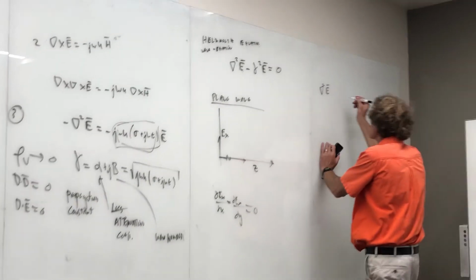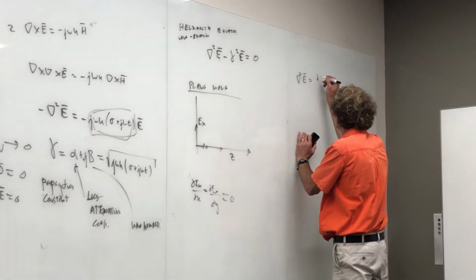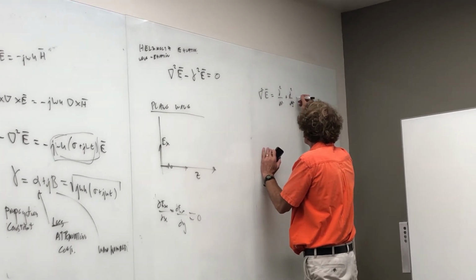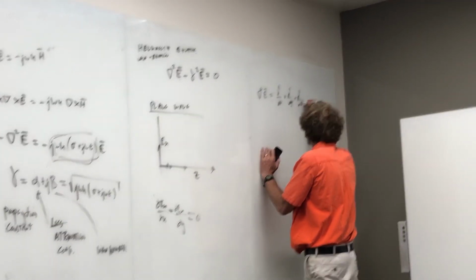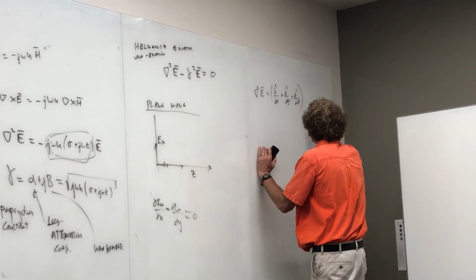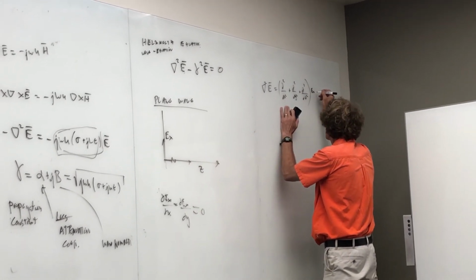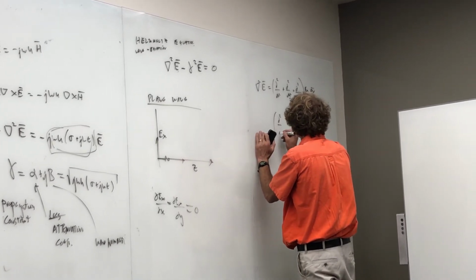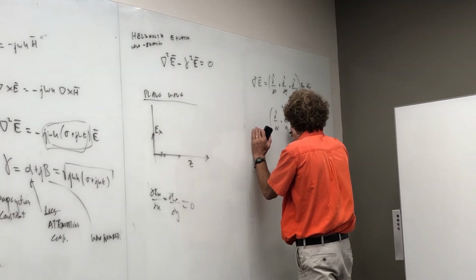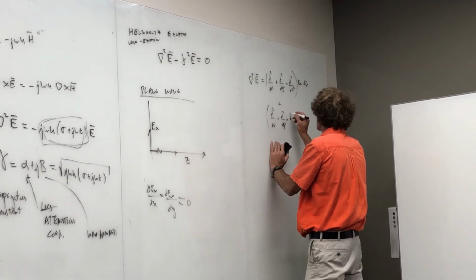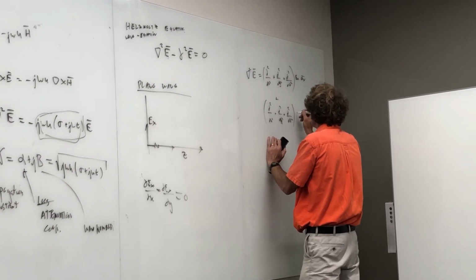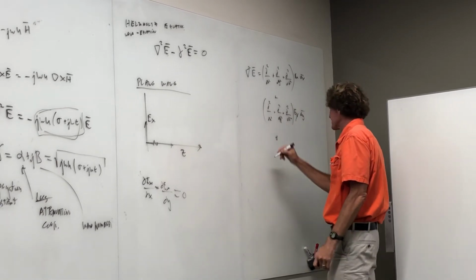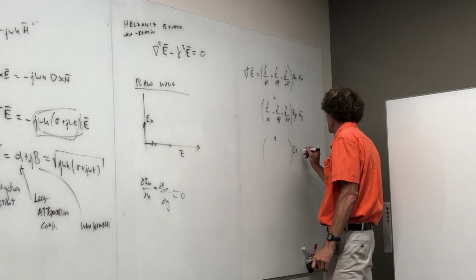If we're in Cartesian coordinates, that's equal to ∂²/∂x² plus ∂²/∂y² plus ∂²/∂z², operating on Ex, plus, same deal, second derivative with respect to X squared plus second derivative with respect to Y squared plus second derivative with respect to Z squared operating on Ey, and plus that same thing operating on Ez.